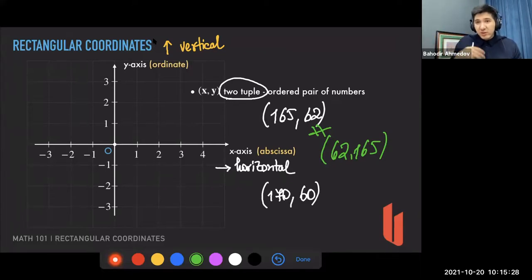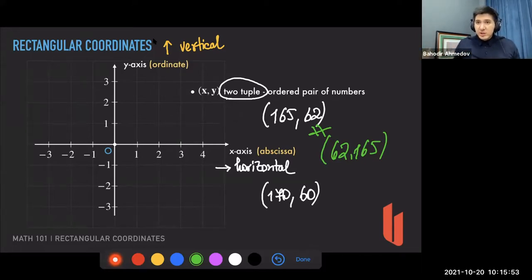And in linear algebra, for example, you're going to deal with n-dimensional space, and you're going to define vectors and points using an n-tuple, okay? So I hope that you've got this idea of the 2-tuple. Now, if you're given this point, x and y, it means that the first coordinate, the first position of this 2-tuple, is always going to mean the x coordinate.